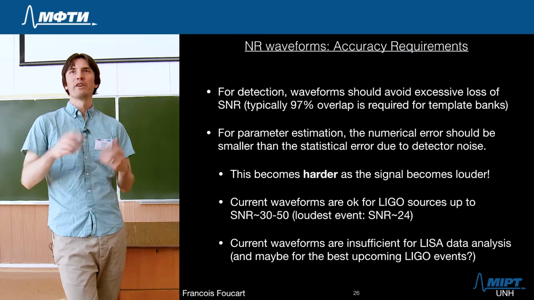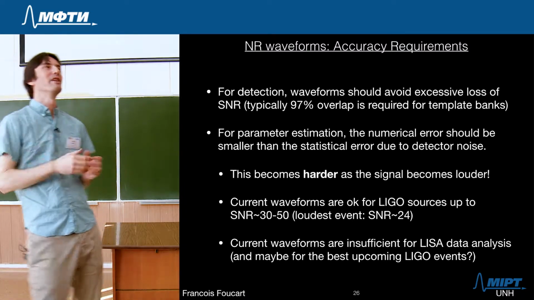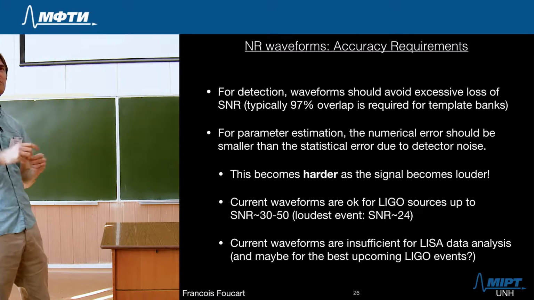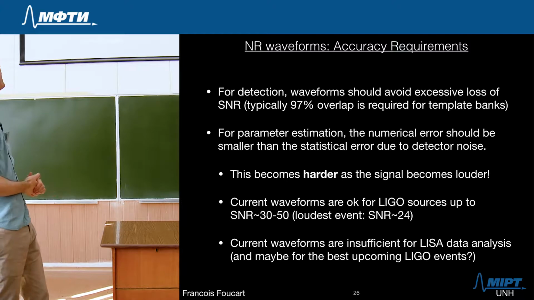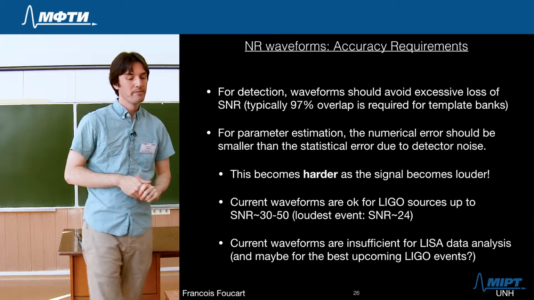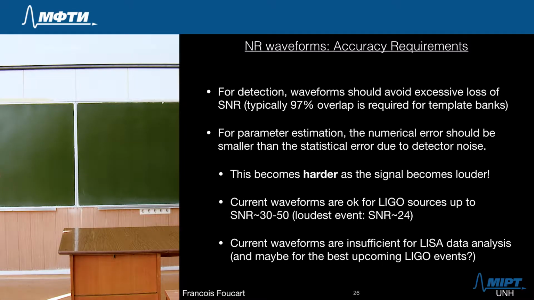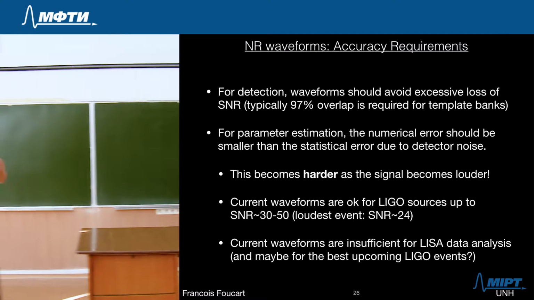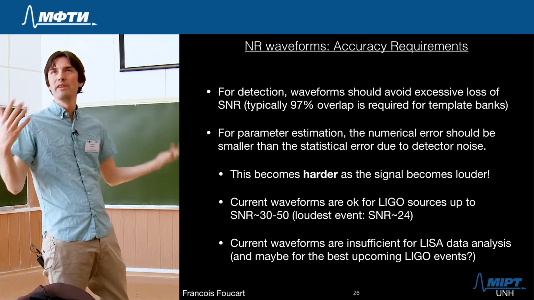And because the number of signals lost goes like the cube of the lost signal to noise, because LIGO is sensitive to a certain volume, you say, I want the overlap between waveforms to be at least 97%. And there's a mathematical definition of that, but it's more complicated. So that's the criterion that you want for detection, and that means that the 10% weakest sources might be lost.